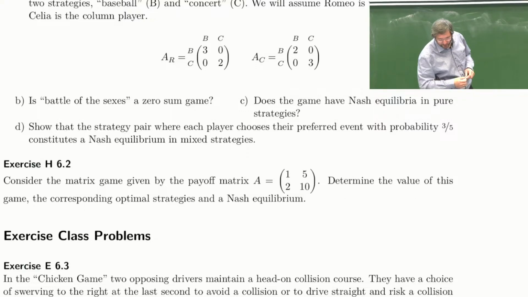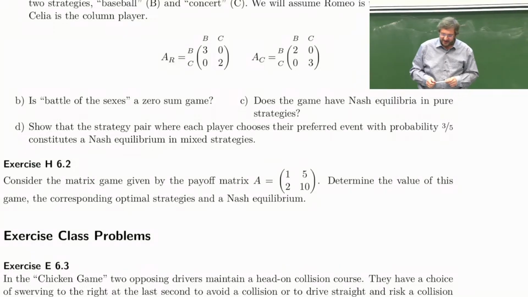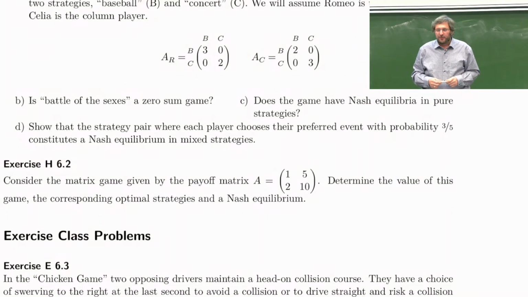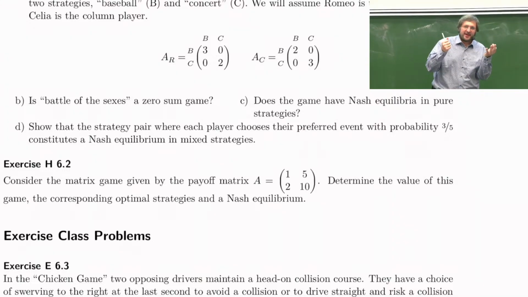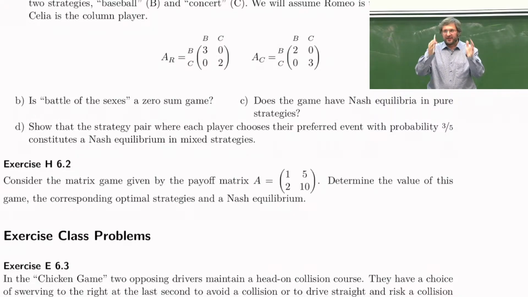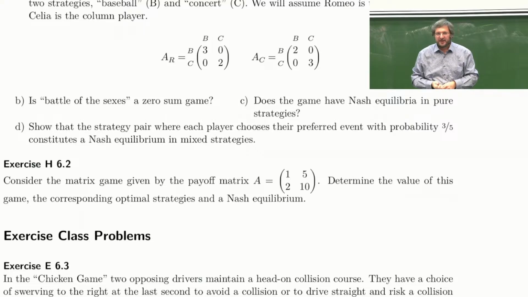Then someone is asking, why does the row player want to minimize the expression? Does he not want a good payoff? The point is this payoff matrix A is from the point of view of the column player, right? So if we compute the payoff with that matrix, we get the payoff of the column player. The row player's payoff is the negative of that. So the row player is interested in minimizing that because he wants a good payoff.